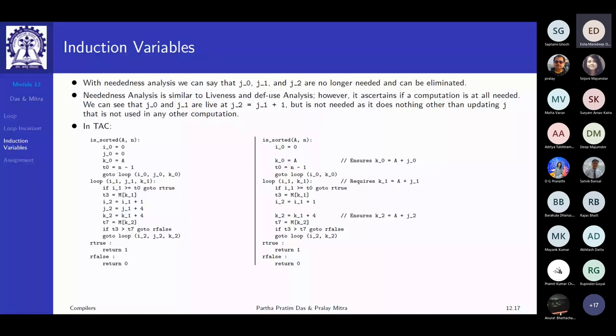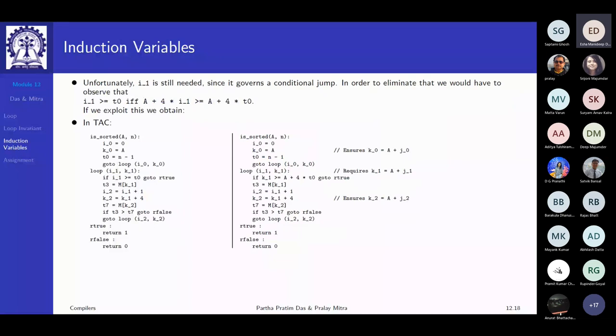Okay. So let's see that I1, or I, is still needed, and it is used only at one place. That is this if condition that governs the conditional jump. So let's look at this condition more closely. I1 is greater than or equal to T0.